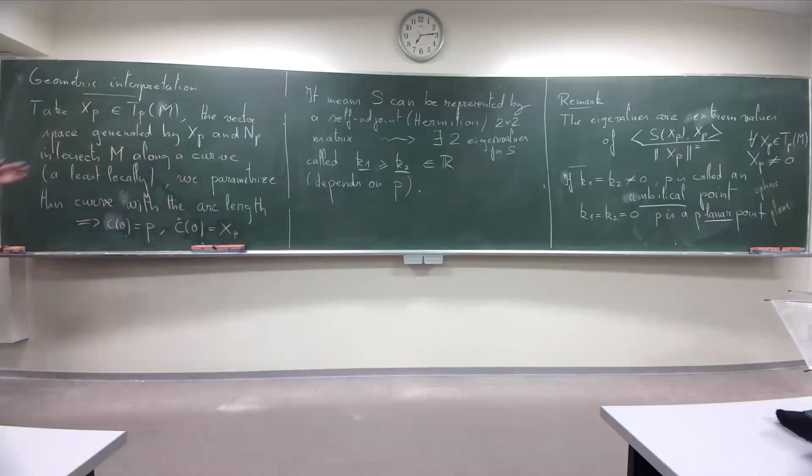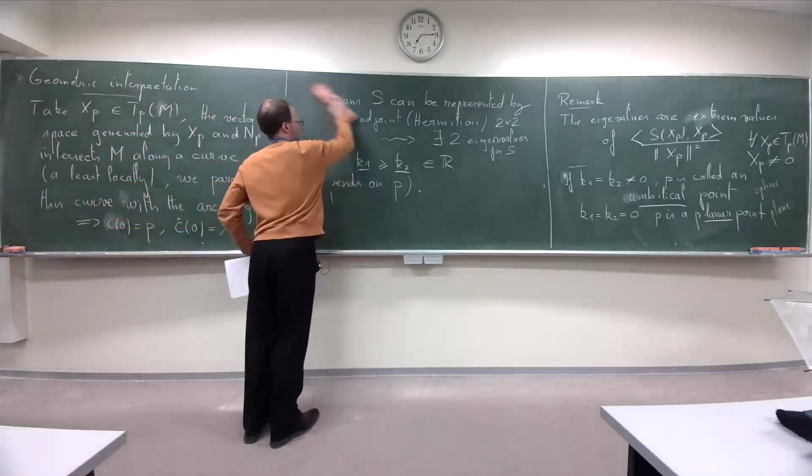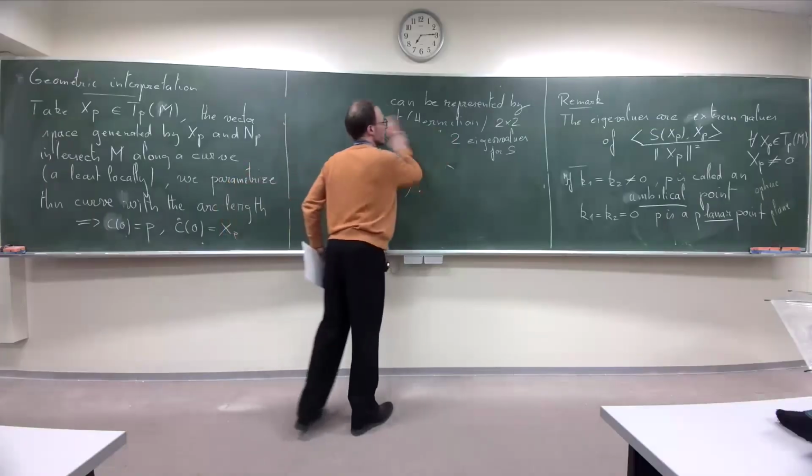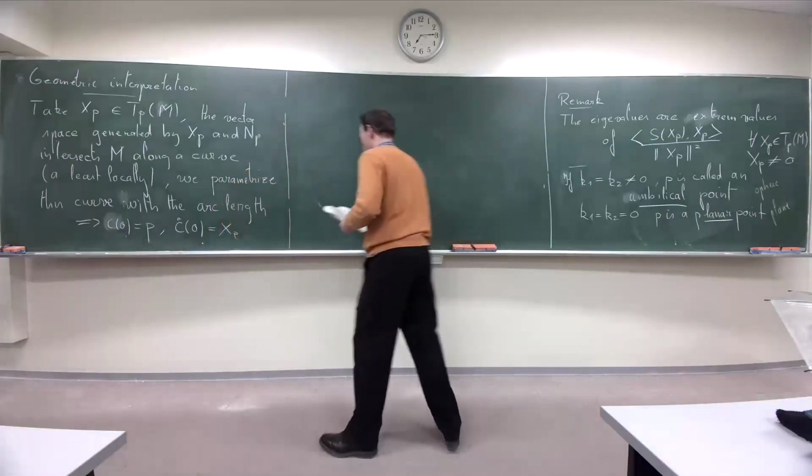Now this is slightly different in the sense that before I started with the curve and I took the derivative at 0, it's xp. Now I fix xp and I construct a curve by this intersection of the plane, and I parameterize the curve like this. We will see at the end of the day, it will give an explanation to what these eigenvalues are.